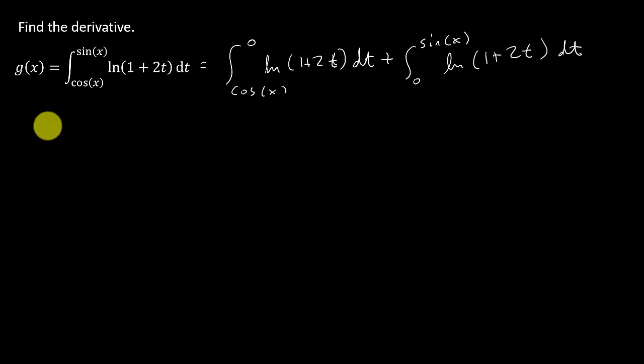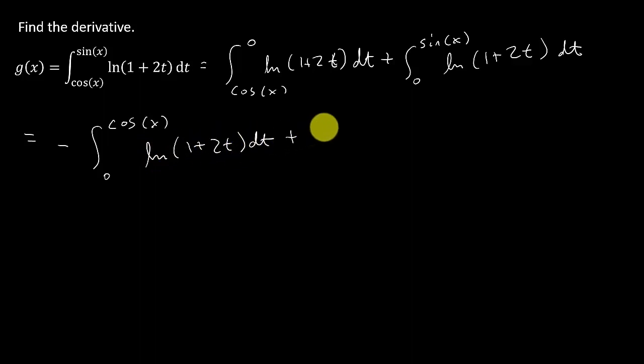All right. Now I need to swap these limits. So that's going to be negative integral from 0 to cosine x of natural log of 1 plus 2t dt, plus the integral from 0 to sine x of natural log of 1 plus 2t dt. All right, so now we're ready to go ahead and find the derivative.